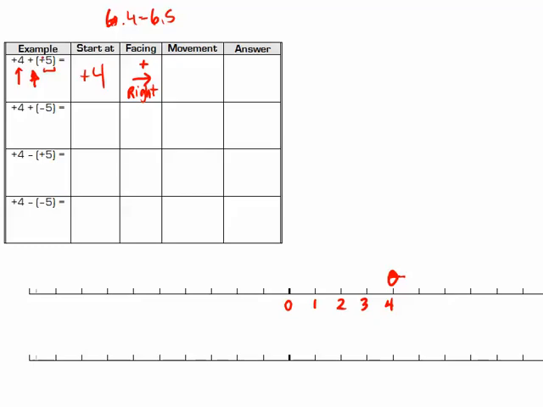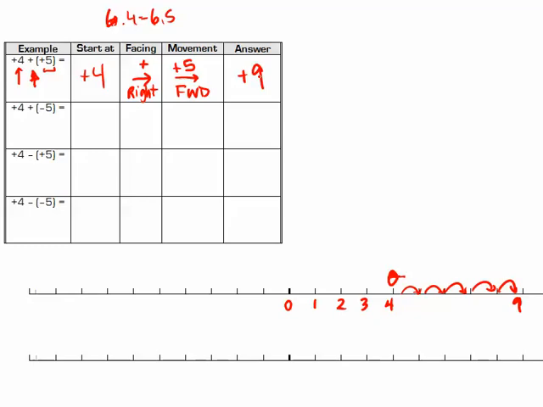So that's what this third sign means: the direction of movement. Because it's a positive sign, he's going to be moving forwards. I'll abbreviate it FWD to mean forward. So he's moving 5 forward. This is Bob. He moves 5 spaces: 1, 2, 3, 4, 5. He ends up at positive 9. Okay, a pretty standard example, nothing too complicated.